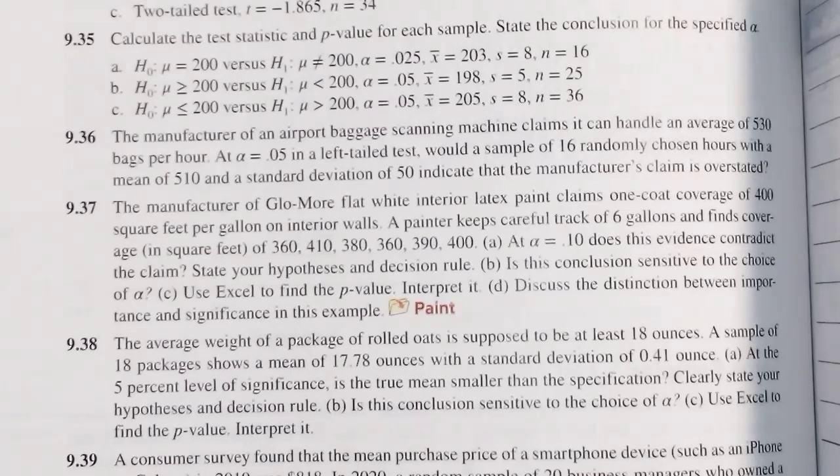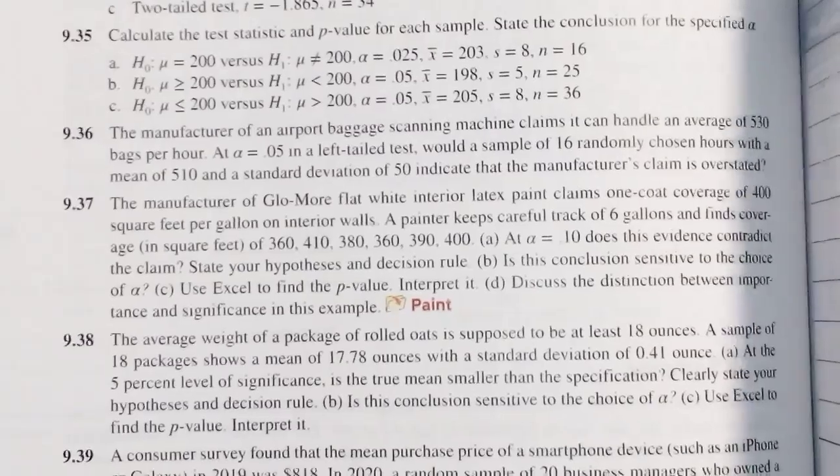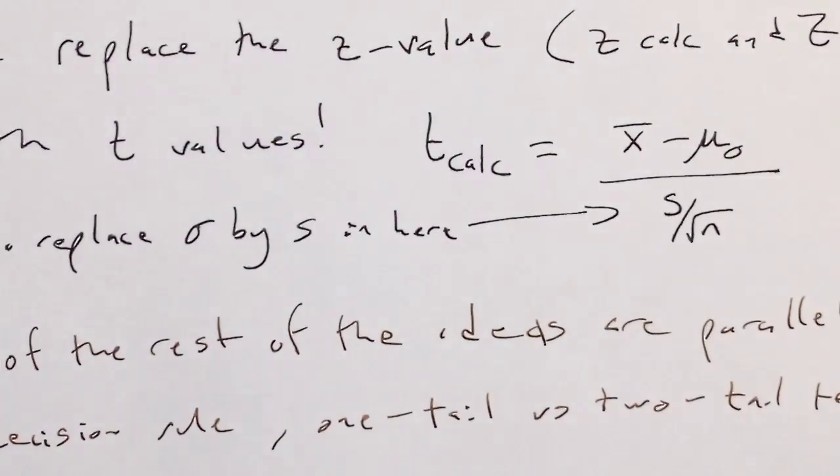So I would say that our better choice is to say that the null hypothesis is that we get at least 400 square feet. Now, you could do equals versus not equals. I'm not saying that's wrong, but you're going to get a different answer that way. So we're going to go through it both ways. But I'm going to start by writing down that null hypothesis.